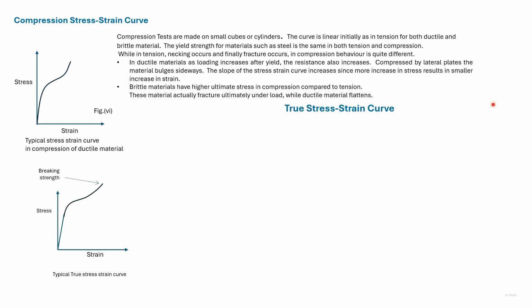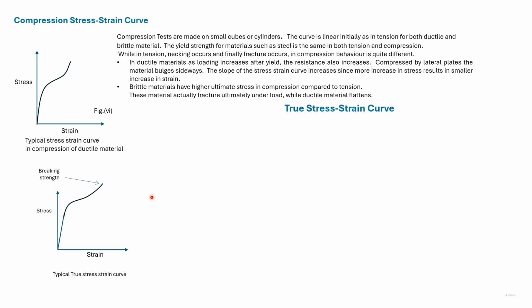We next look at true stress-strain curves. Earlier we discussed that with true stress-strain curves, the stress is given by the load divided by the actual area rather than the initial area A0. So as load increases, the area becomes smaller and the stress is higher than the engineering stress.